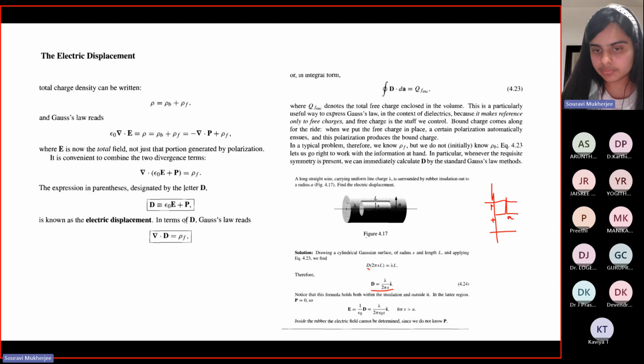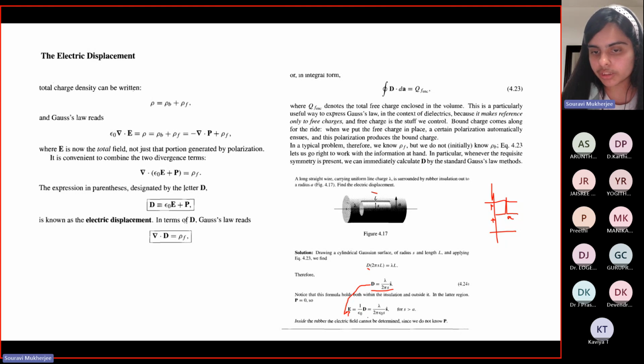Now if you consider a region where there is no insulation. Here in this question it was said that there was a rubber insulation enclosing the wire. If you are asked to find the electric field somewhere out here where there is no such insulation, which can actually have some bound charges, then you can directly use this to find the electric field.